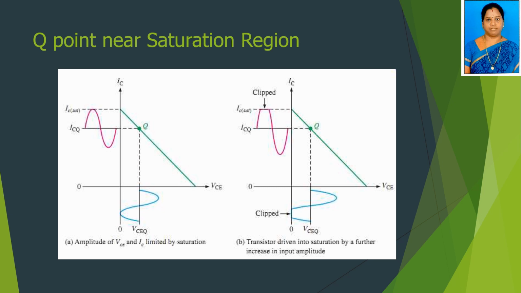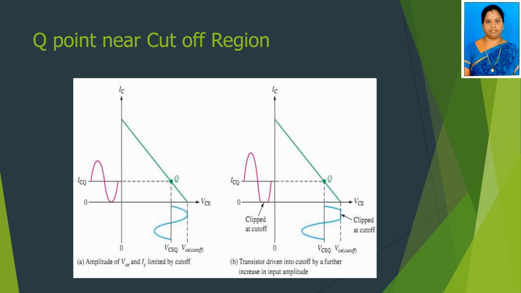If we choose the Q point very close to the cutoff region, what will happen? The negative portion of the collector current is clipped off. Similarly, the positive cycle of some portion of VCE is clipped off. So due to that also we will lose a portion of the information.